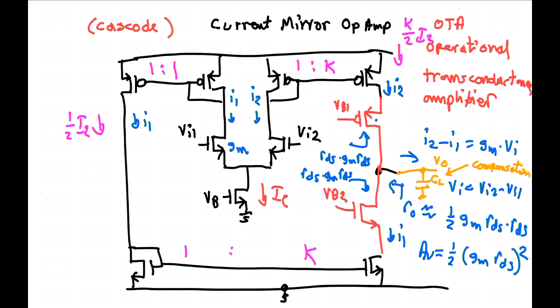Well, the total current spent up here is going to be 1, 2, 3 half I2 plus K half I2, so 3 plus K half I2. And if you assume K is 1, then it is going to be equal to 2 I2.